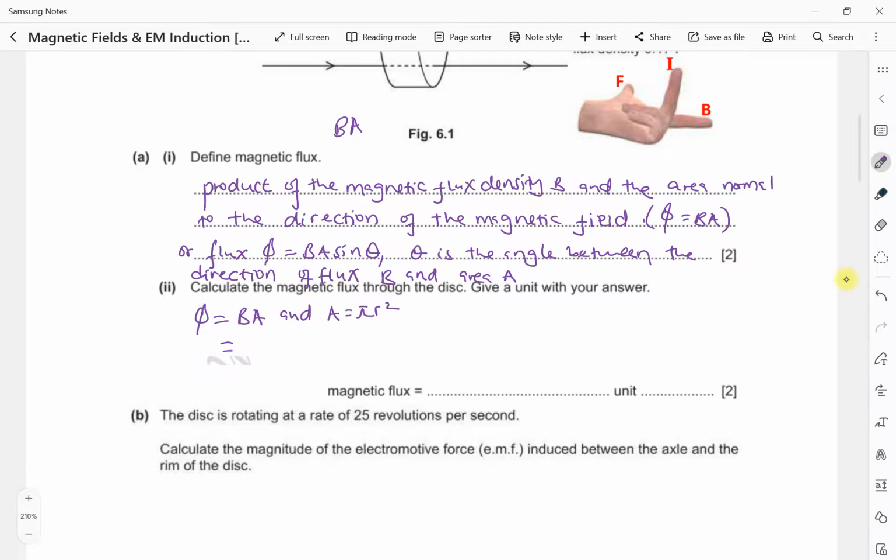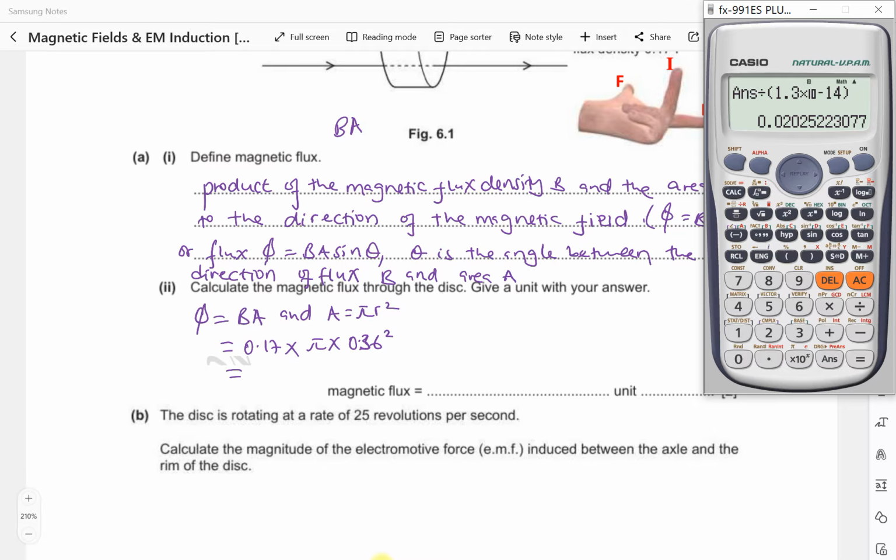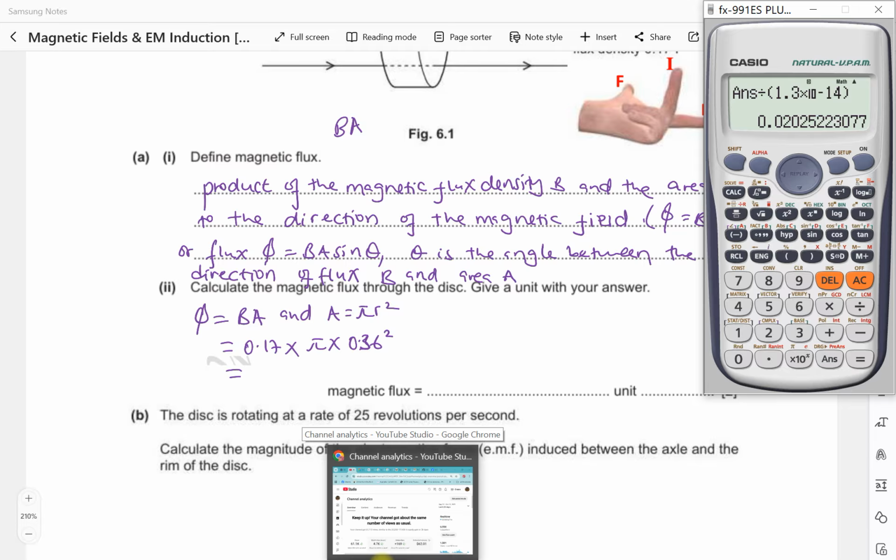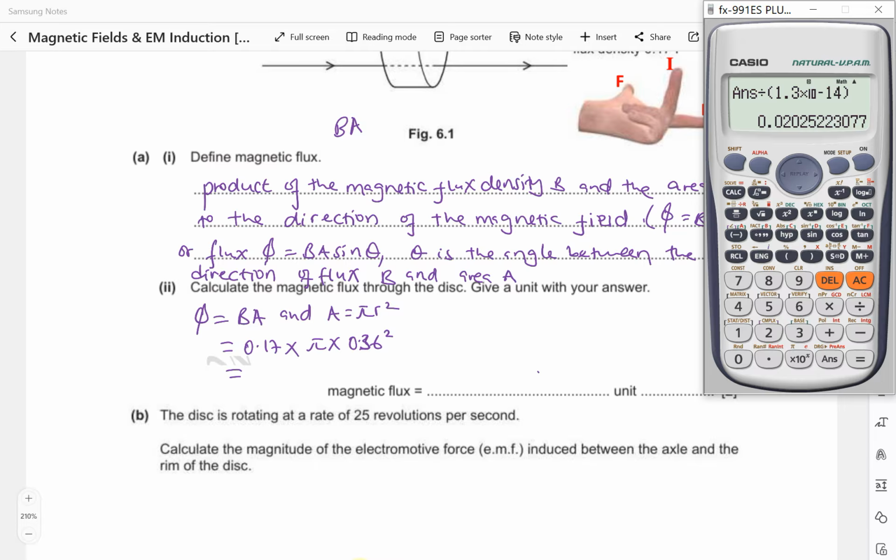So this is 0.17 times pi times 0.36 squared.